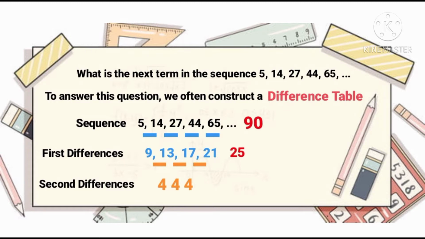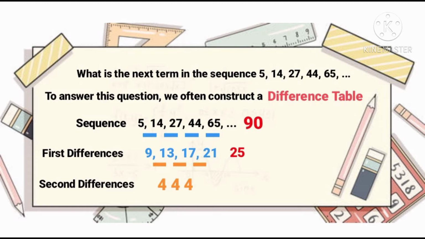So para makuha natin yung sagot natin sa first differences, isasubtract lang natin yung ating sequence. 14 minus 5 is equal to 9, 27 minus 14 is equal to 13, 44 minus 27 is equal to 17, 65 minus 44 is equal to 21. Hanggang sa makuha natin yung kanilang common difference, which is yung sagot natin sa second differences na 4.